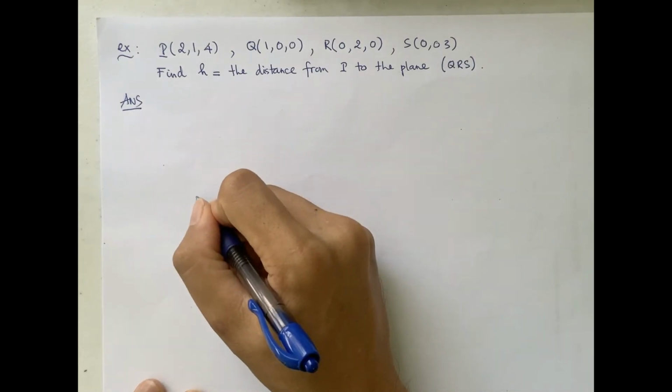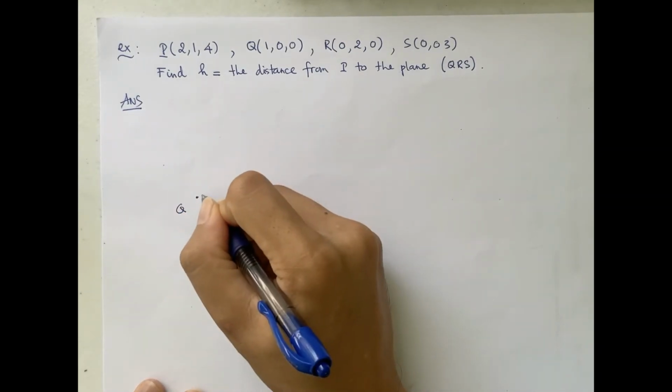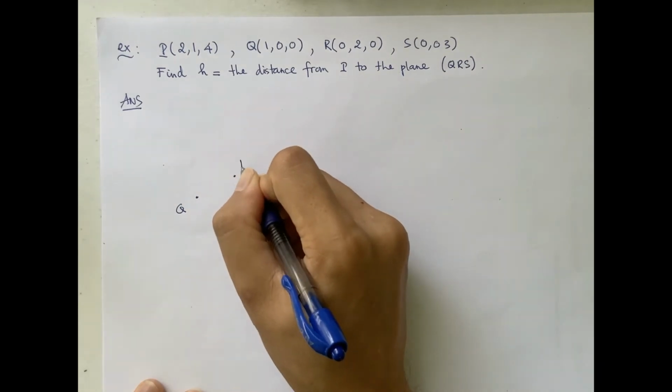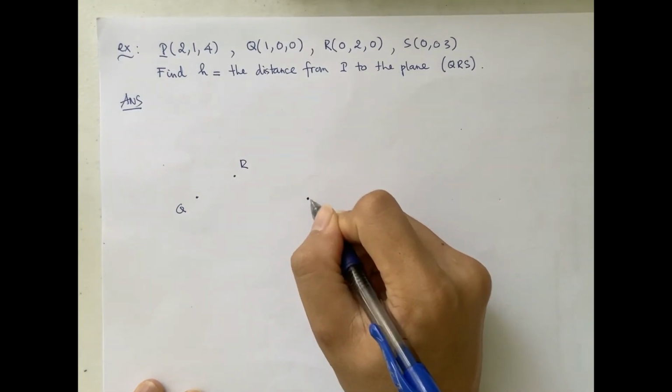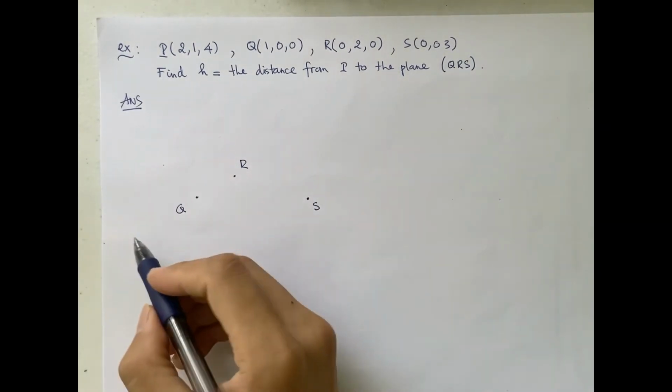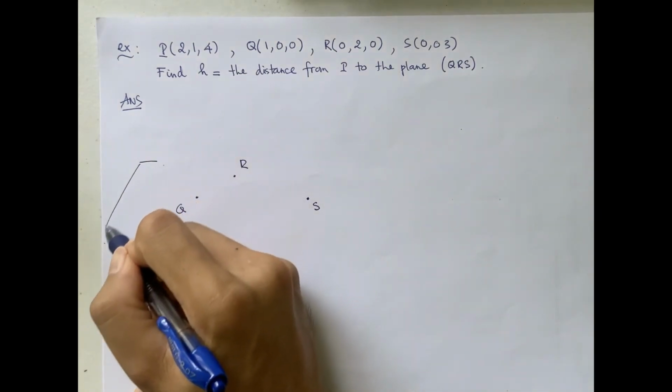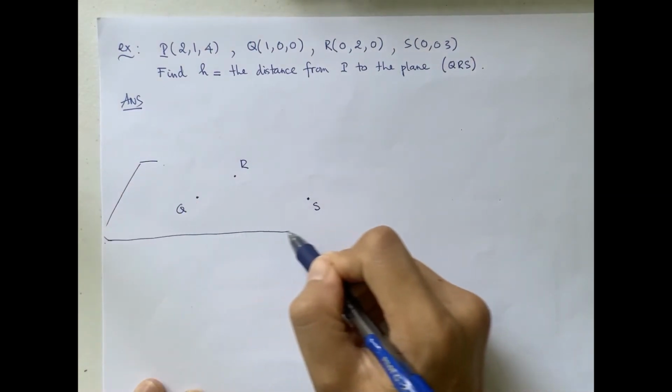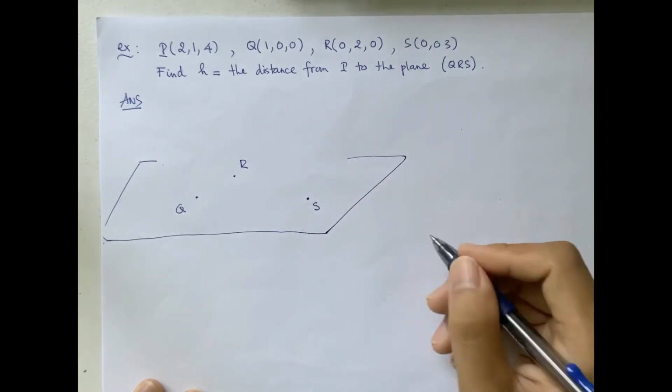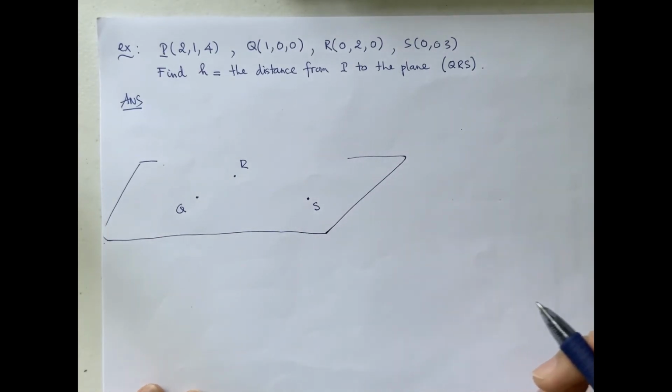So there must be a plane passing through Q, R, and S. Right, so that's one of the basic geometry properties.